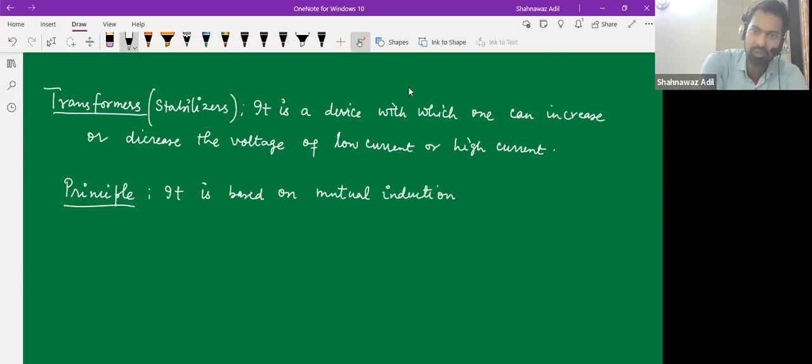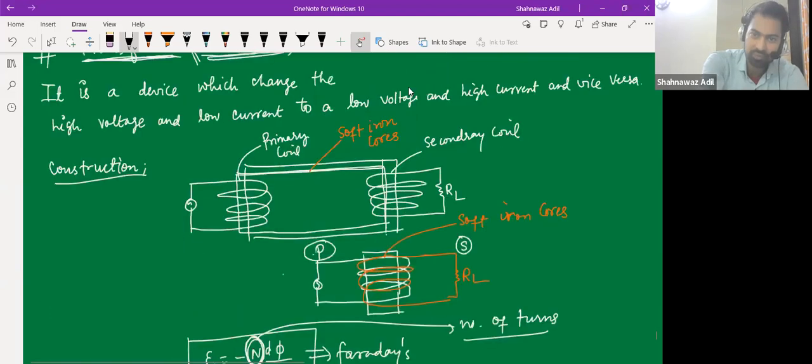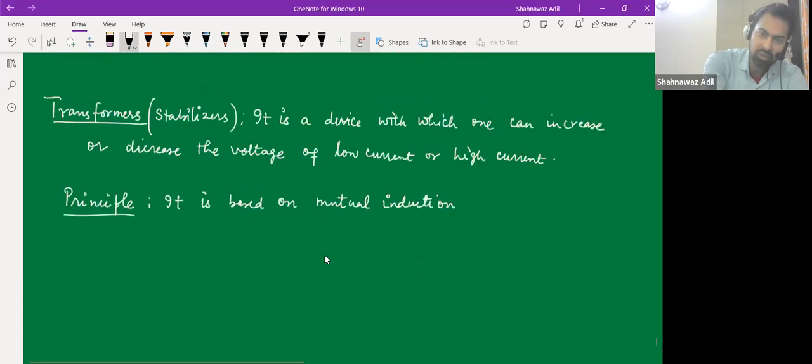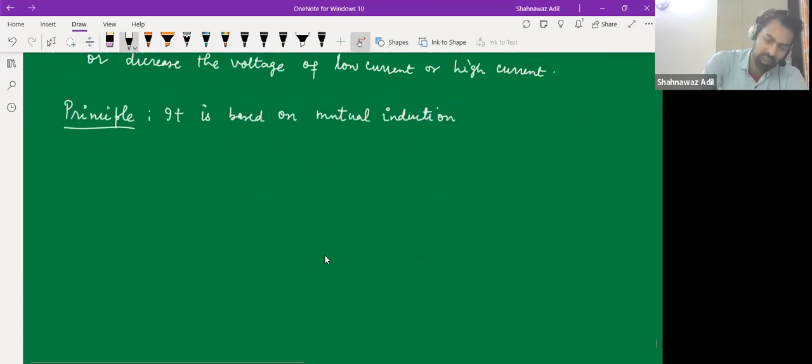Why is there a mutual induction? Yeah, because there are two coils involved, right? So this will induce some current in this, and this will induce some current in that. So that is why. Good. So it is based on mutual induction.